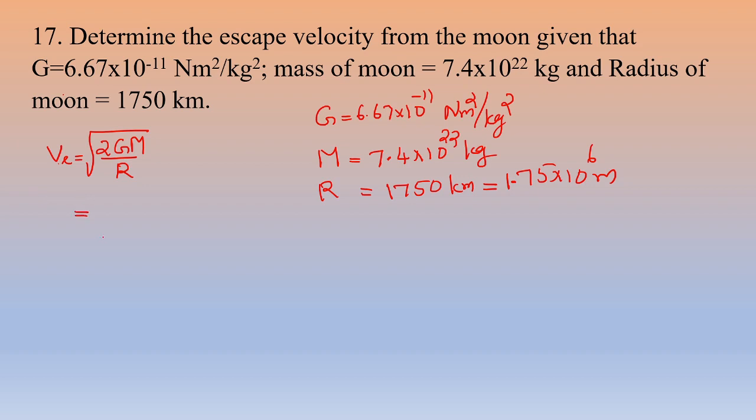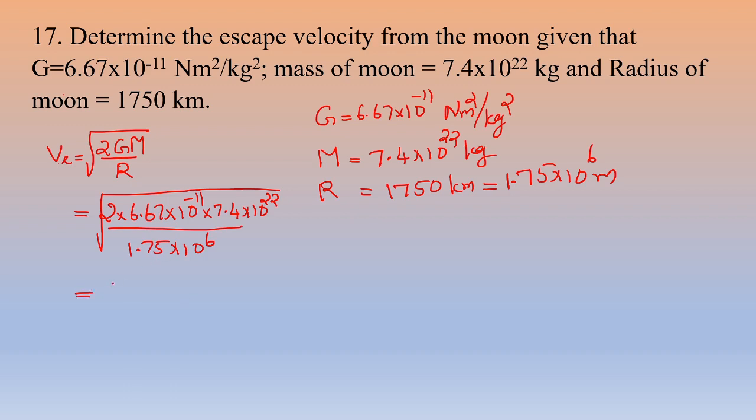So let us substitute all the values here. That is V is equal to square root of 2 into 6.67 into 10 raised to -11, and the mass of the moon, that is 7.4 into 10 raised to 22, whole divided by the radius, that is 1.75 into 10 raised to 6.